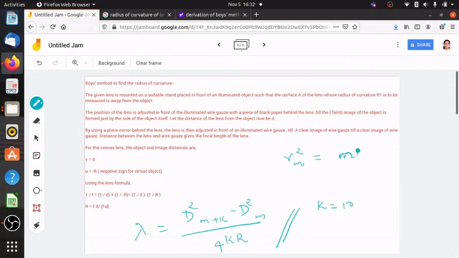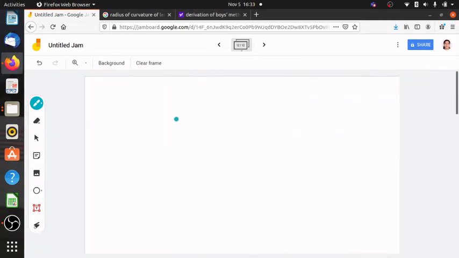So with air film, if dm and dm plus k are the diameters of mth and m plus kth ring, d square m plus k minus d square m is equal to 4k r lambda.